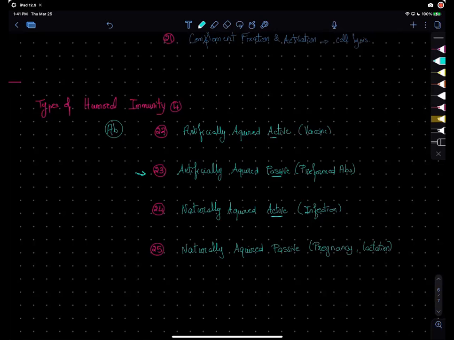Exactly, this is IgA. So the one that crosses the placenta is IgG, and the one that will be released with the milk is IgA.